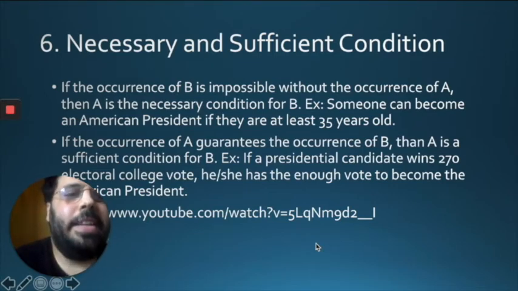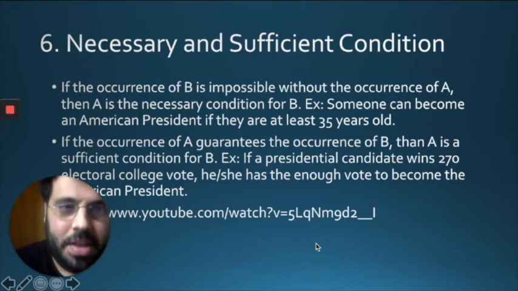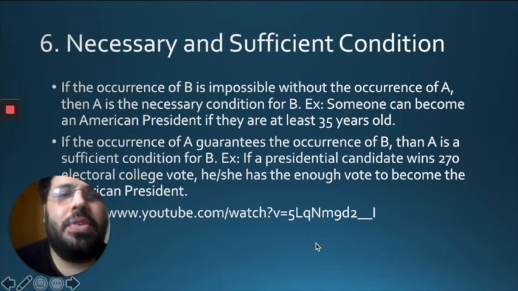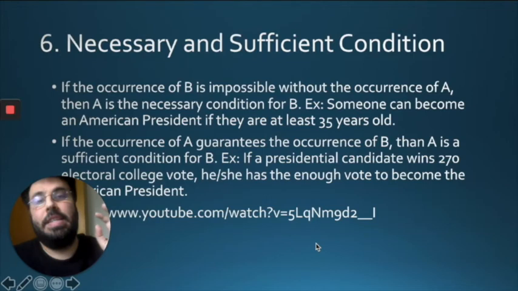So it is not a necessary condition. There are many American presidents who didn't meet the condition of gaining more than 270 electoral college votes. Okay? So this is not a necessary condition.